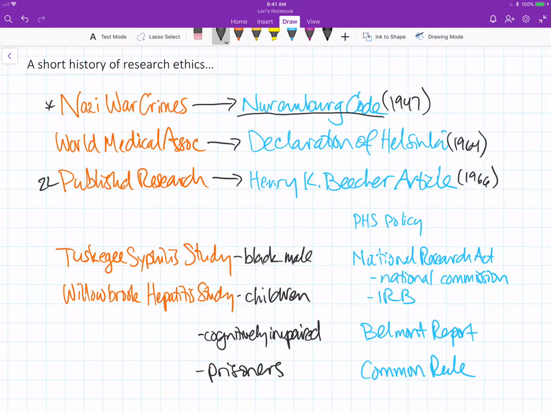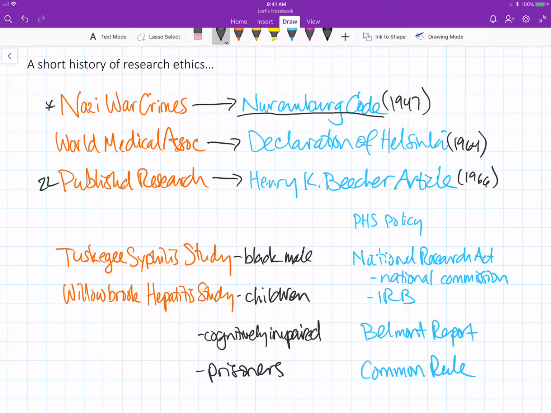Many of the black men did not even know that they had syphilis, and they were studying the natural history of what happened in syphilis, and they thought if they gave them treatment, then they would not be able to ever conduct the same kind of study again. In retrospect, those people deserved to have the treatment that had become available.